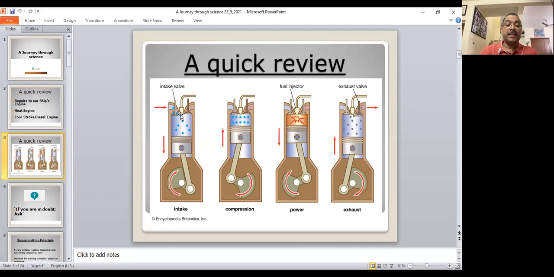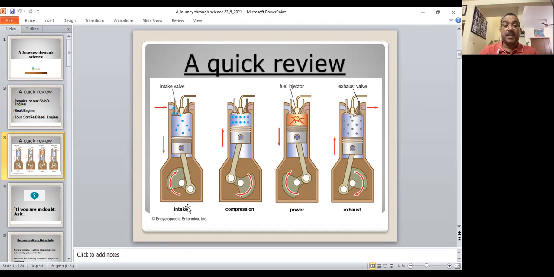Let us say the blue colored circles are oxygen. So oxygen is taken in. This is what we call the intake stroke, the very first stroke of a diesel engine.